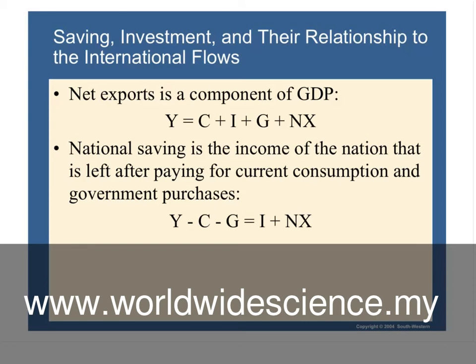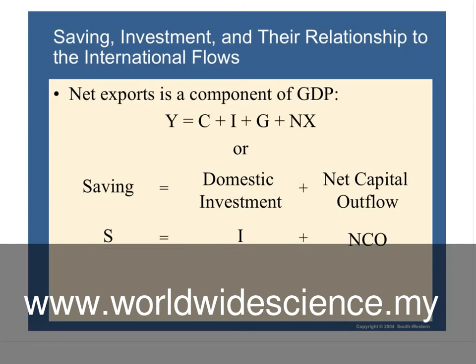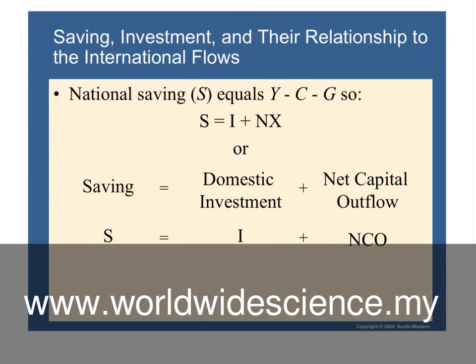You can do some basic calculations, and it gives you some idea whether a certain country is a good place to invest or not. These are really helpful when it comes to exporting or importing to or from a certain country. So national savings equals domestic investment plus net exports, or domestic investment and net capital outflow.